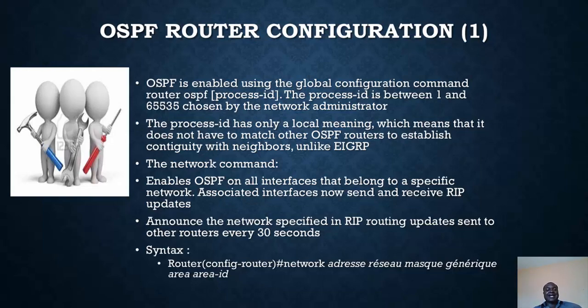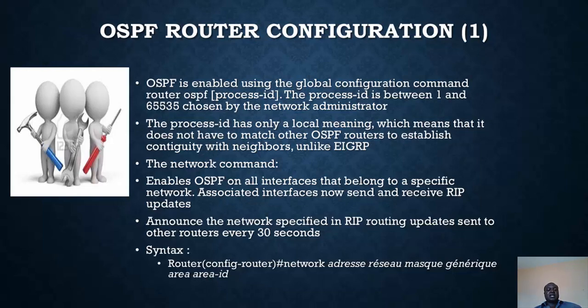The process ID has only local meaning, which means that it does not need to match other OSPF routers to establish adjacency with neighbors, unlike EIGRP.